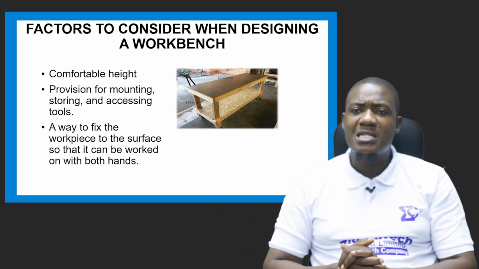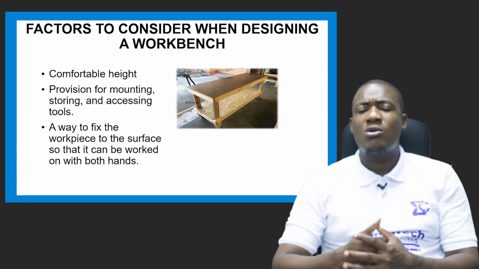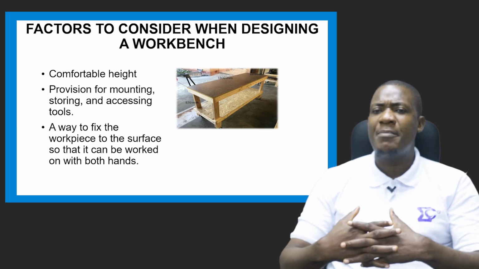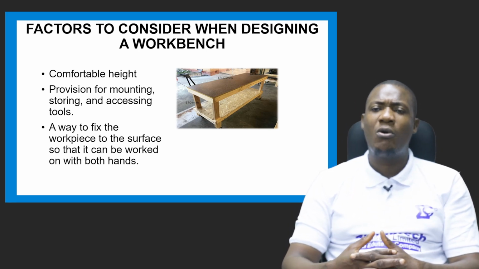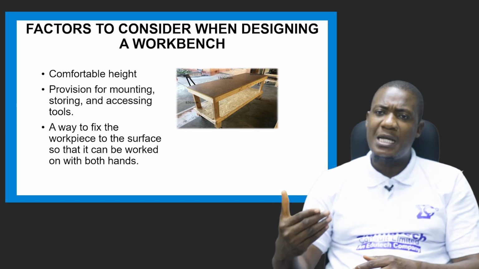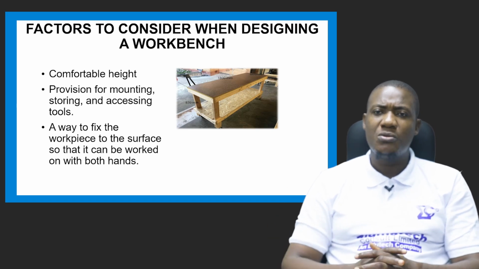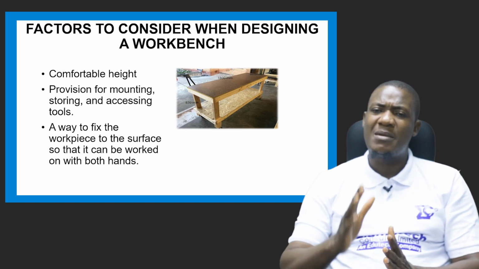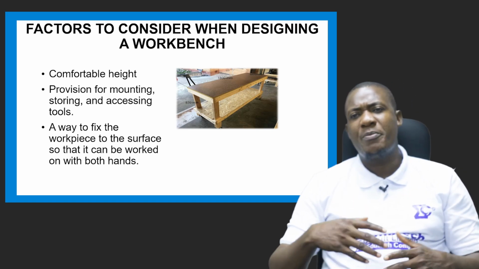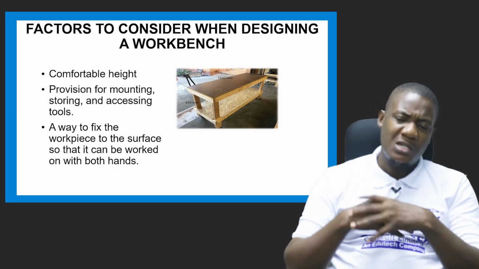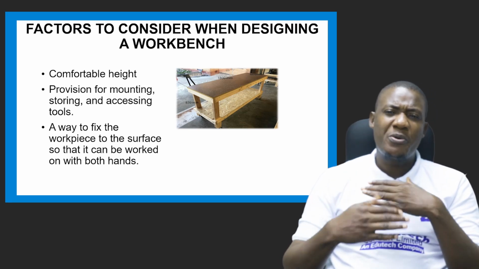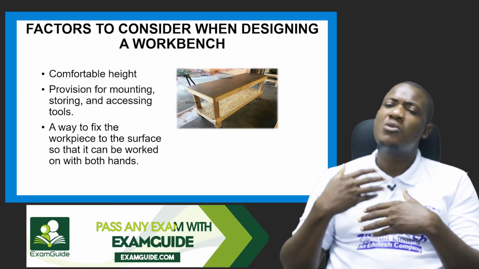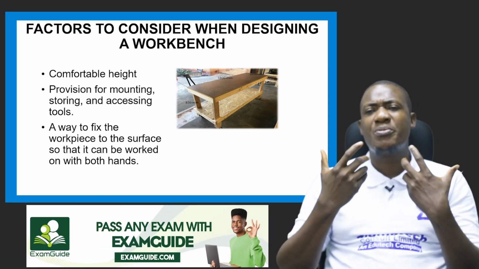Okay, having said this, I want to lead you to solving some practical questions from the ExamGuide app. Like I said before, the ExamGuide app is an app I recommend for you if you are in the junior secondary section. Use it to prepare yourself for basic examination, because the more you prepare, the more you see these questions, the more you get accustomed to them, the more you master them, the more you improve.